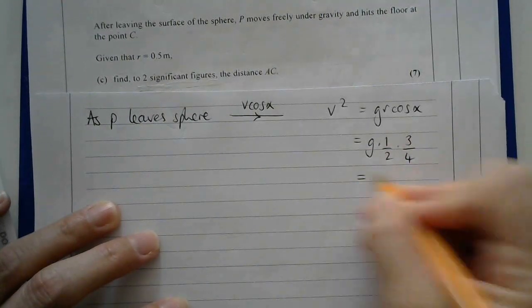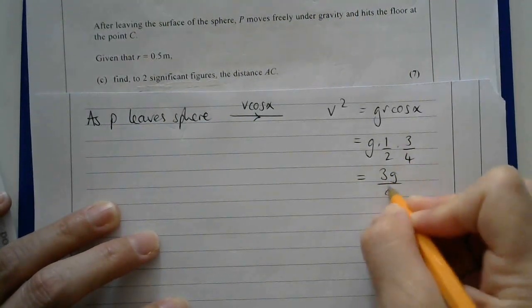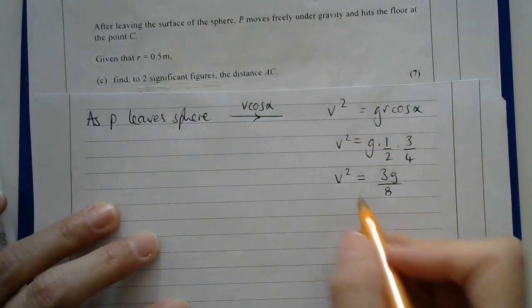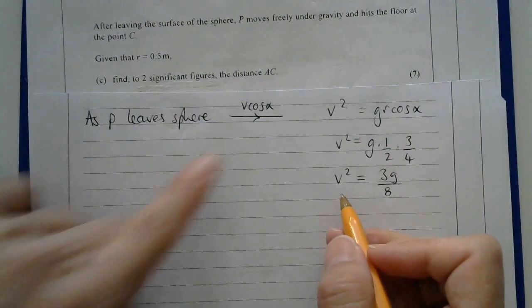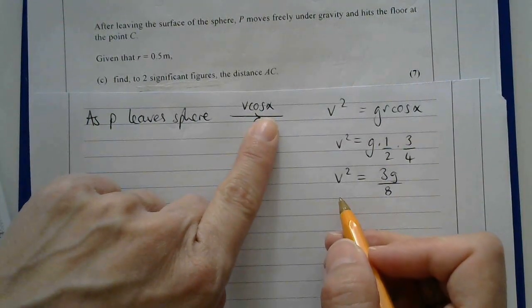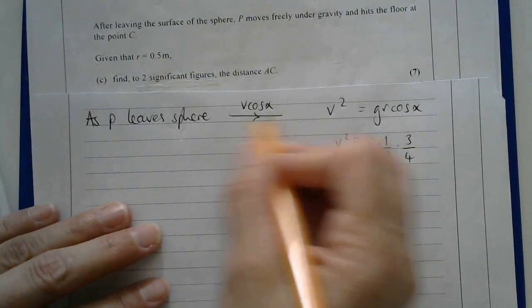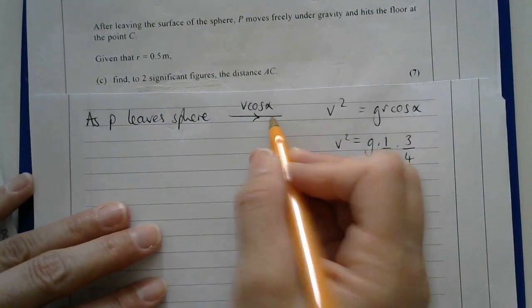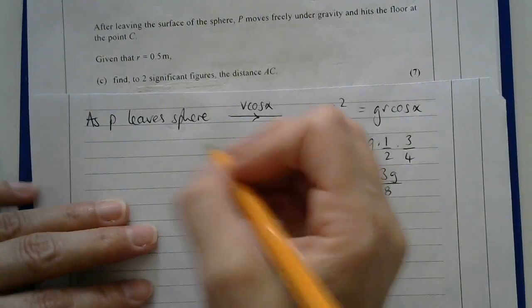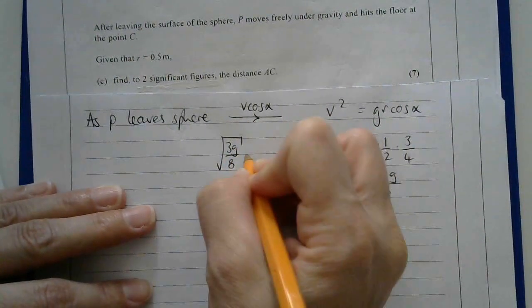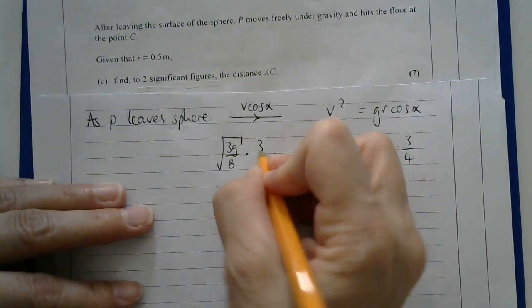And so for v squared I get 3g over 8. Then cos alpha will still be 3/4, so this horizontal component as it leaves the sphere is root 3g over 8 multiplied by 3/4.